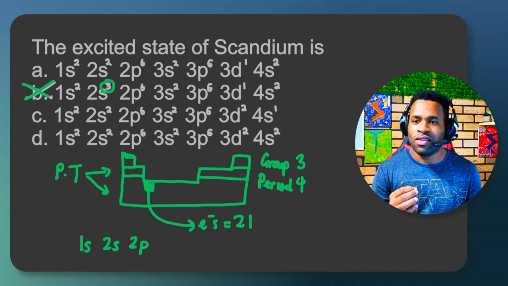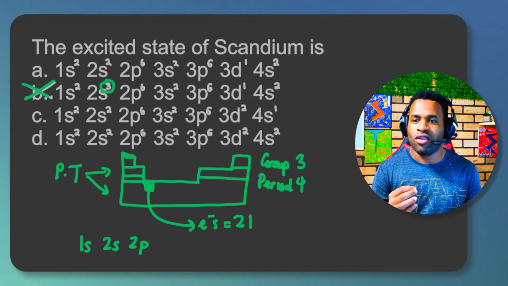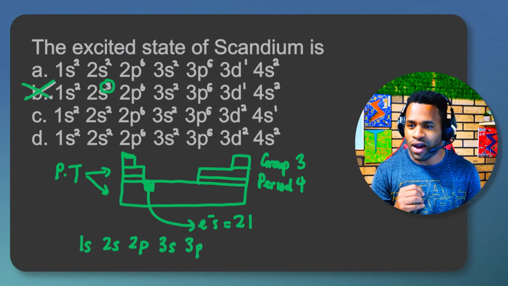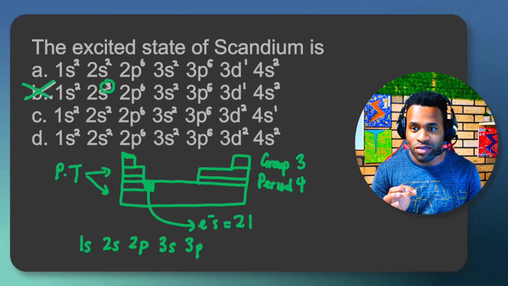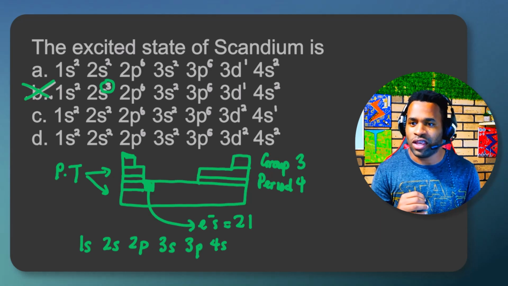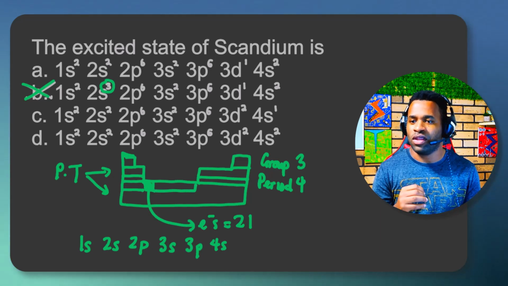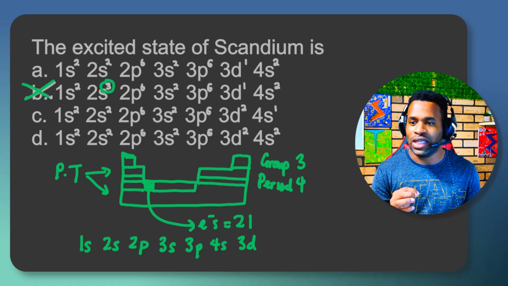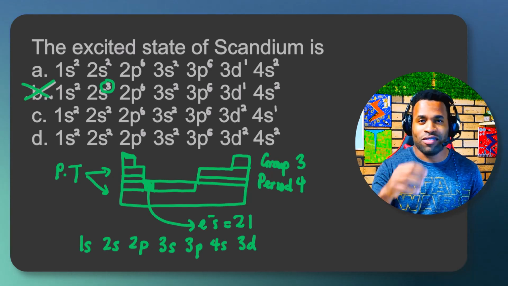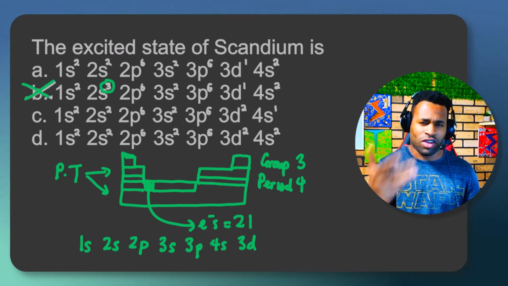This is followed by your 3s, then this is your 3p's, and next is what? You have your 4s, which is right here, and the final part is your D block, which is the 3d. And we see that scandium is in the D block, which are the transition metals.